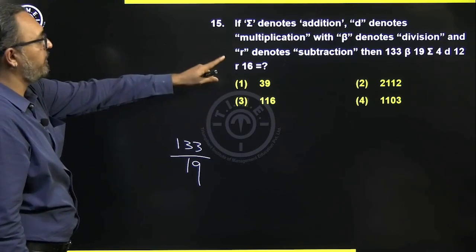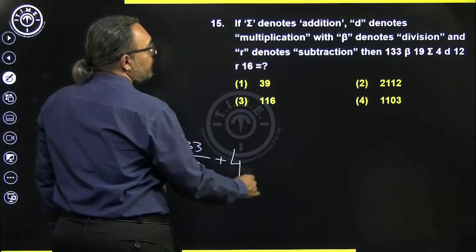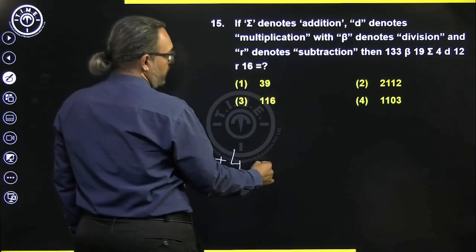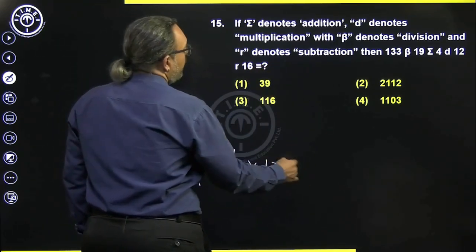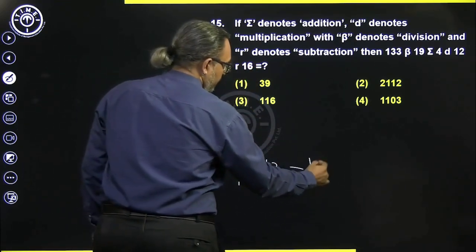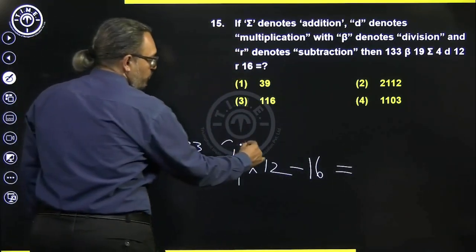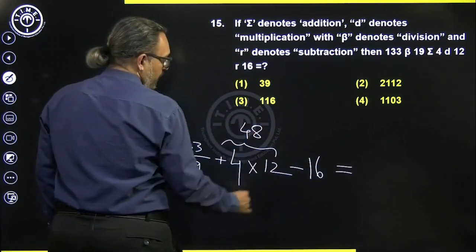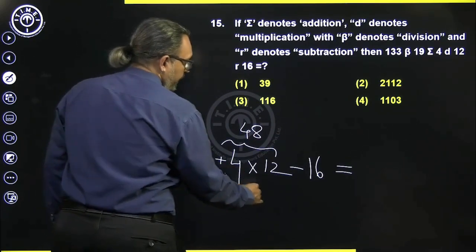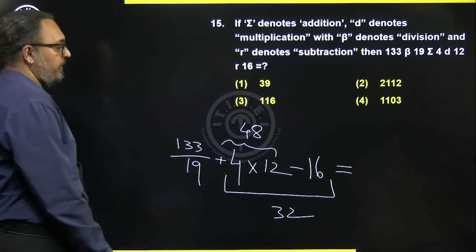Further let us see. Then we have sigma 4. Sigma is addition. So plus 4. Then D denotes multiplication into 12 and R denotes subtraction, minus 16. So what is this value basically he is asking. So we know 12 into 4 is 48 and then 48 minus 16 is 32, correct?